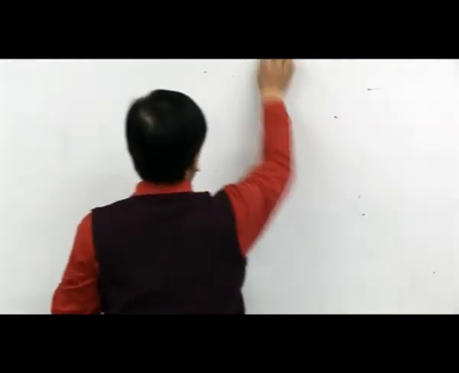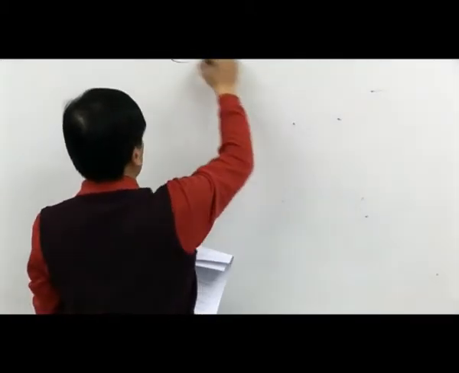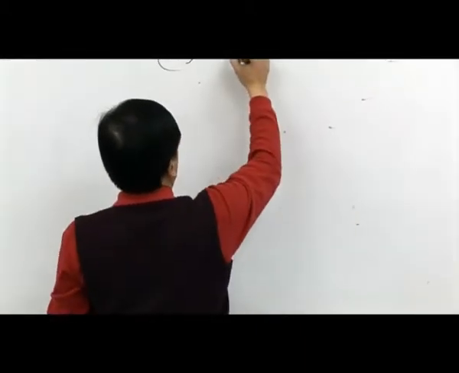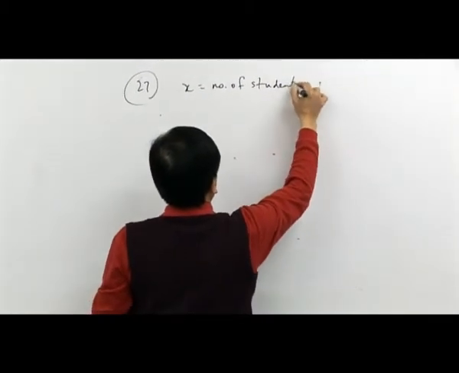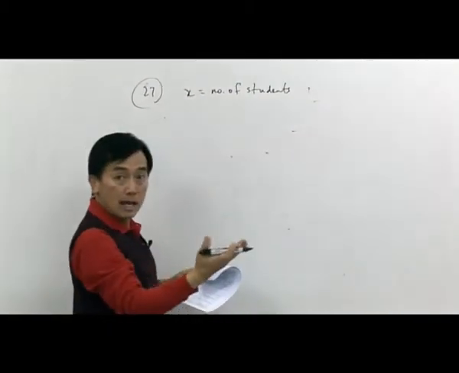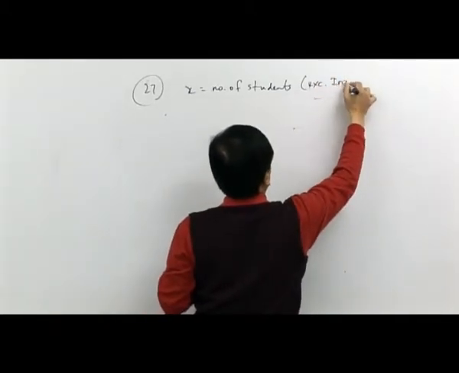Now, as you read through the question again, let's record down some details. 27. Okay, so the average originally was 81. So let's say x equals the number of students that sat for the exam. This is excluding Iris.